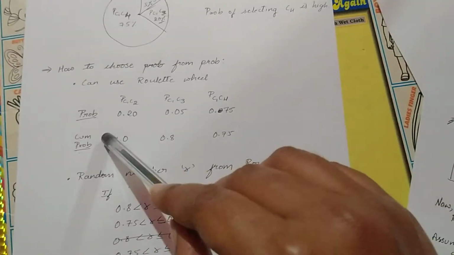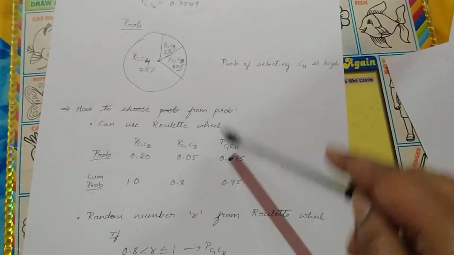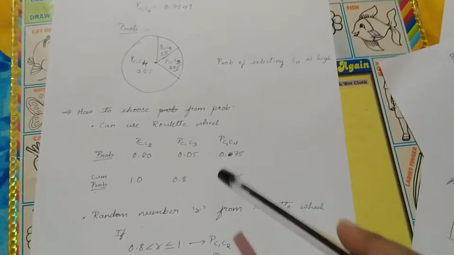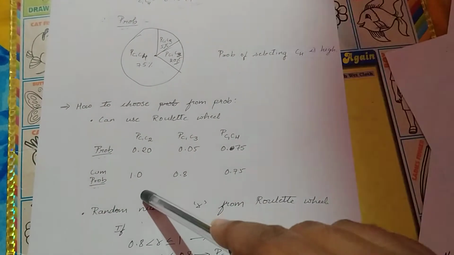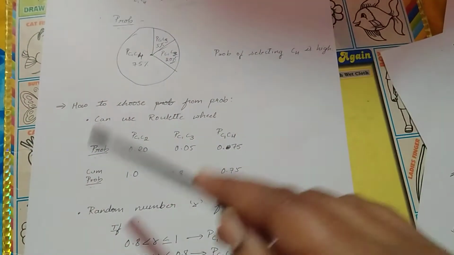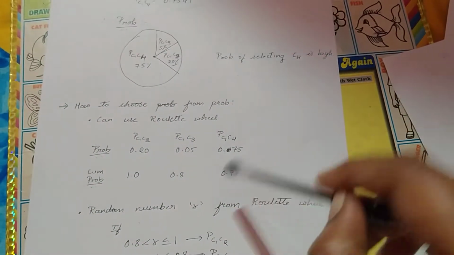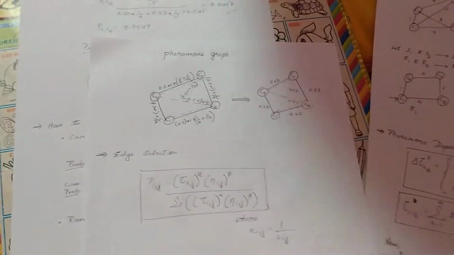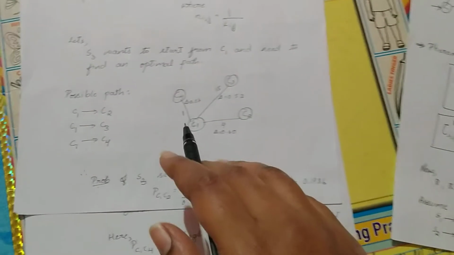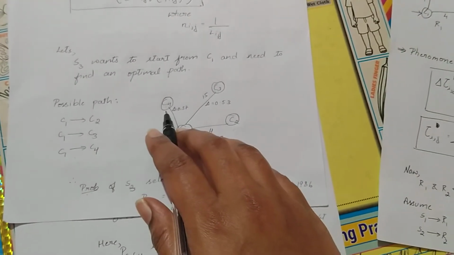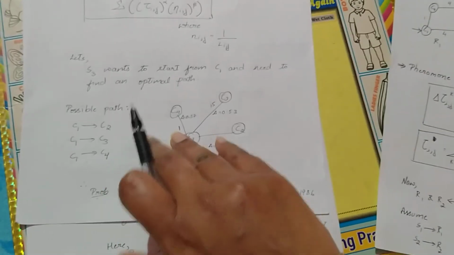So this is a probability taken exactly from the previous value. Cumulative probability is the one which has the addition of the previous one. For example, see here in this diagram: C1 and C4. We write the probability.